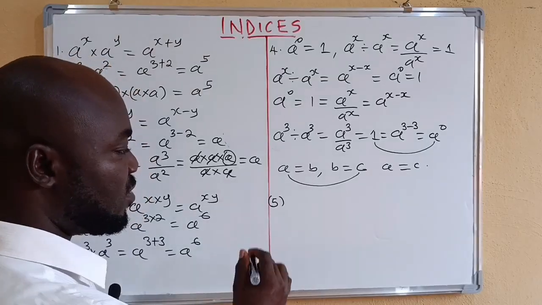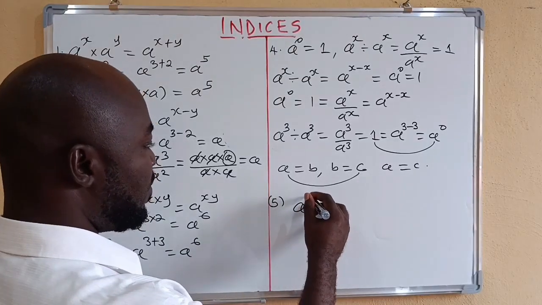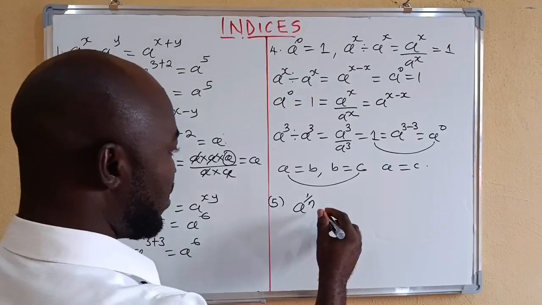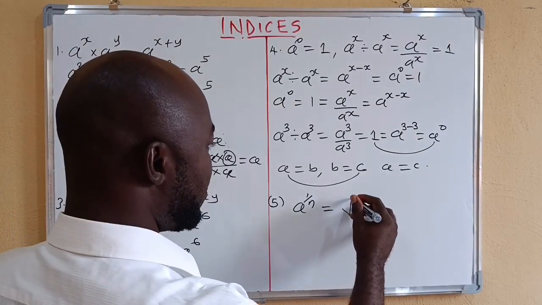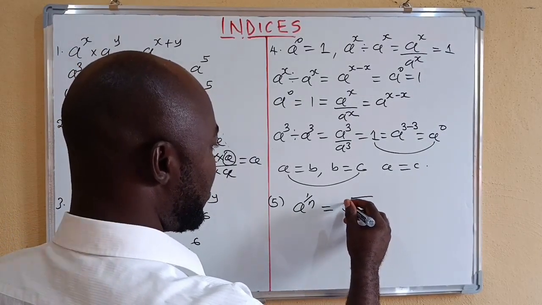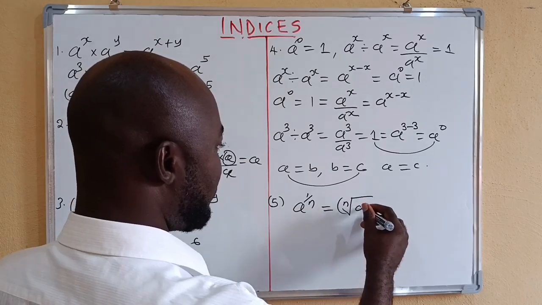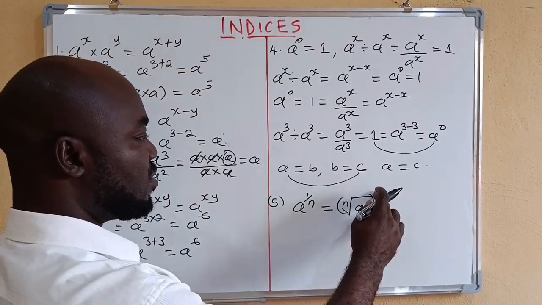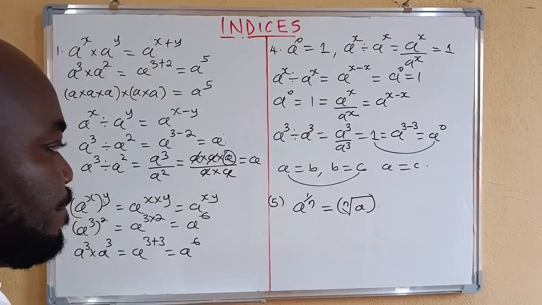The fractional law of indices says that if you have A to the power of 1 over n, this will simply mean that I'll have the nth root of A, then I'll have my A all to the power of 1. So of course, this is not important.